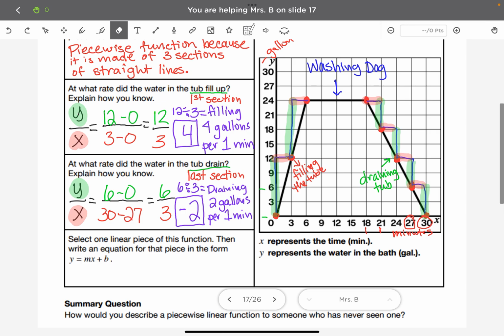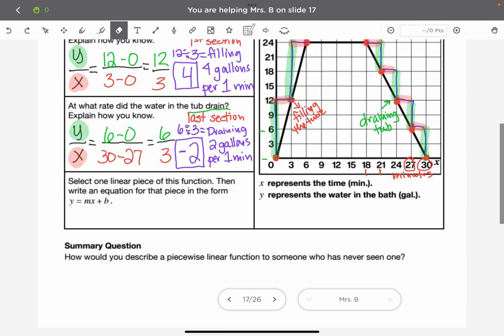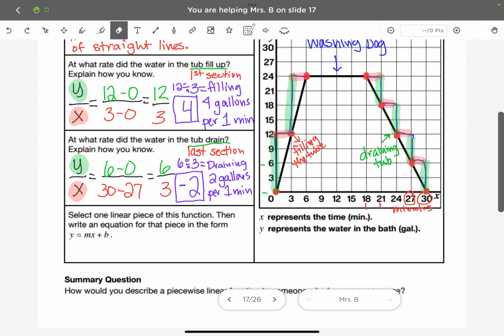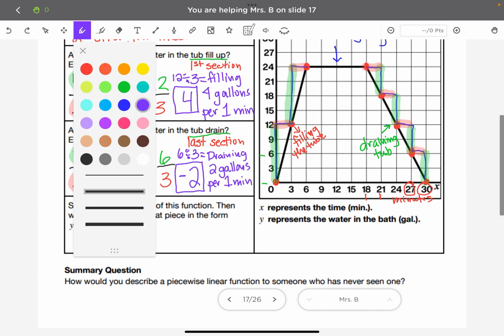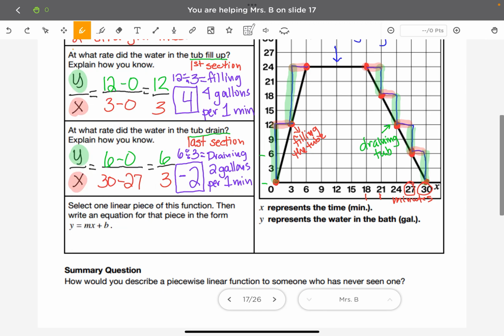So the last part of our questions that we're going to answer here is: select one linear piece of this function and then write an equation for that piece using the form of y equals mx plus b. So for this, I'm going to use that first section. So I'm going to go up to this very first section that we did.